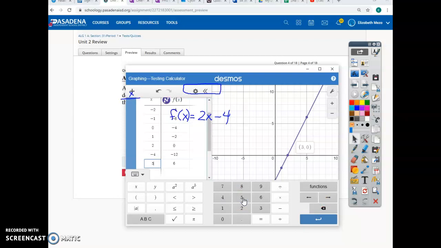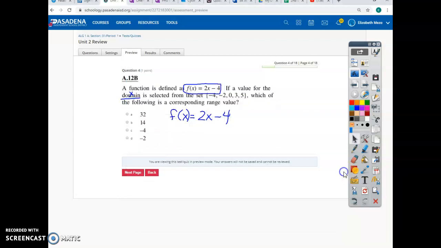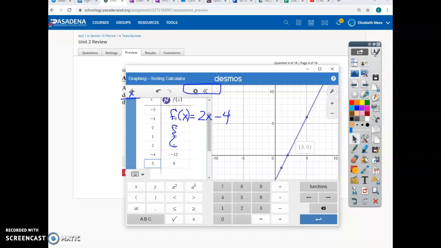And it says, which of the following is a corresponding range value? So when you wrote down those numbers, what were the numbers that we wrote down? Oh, nobody remembers? Nobody wrote it down? Let's go back and do them.